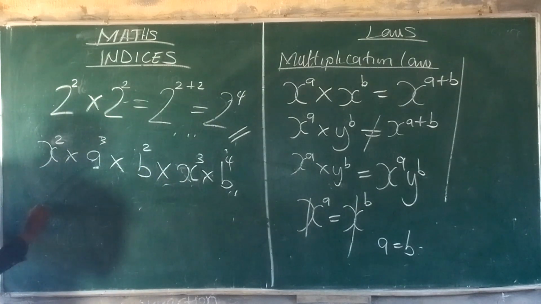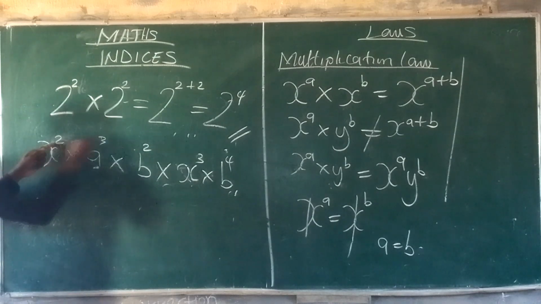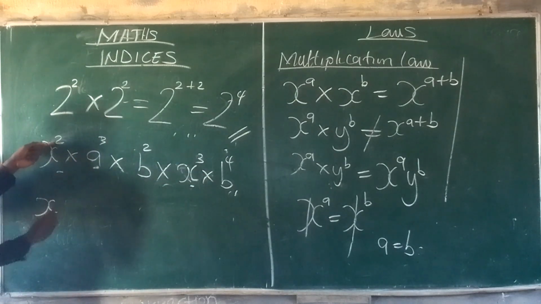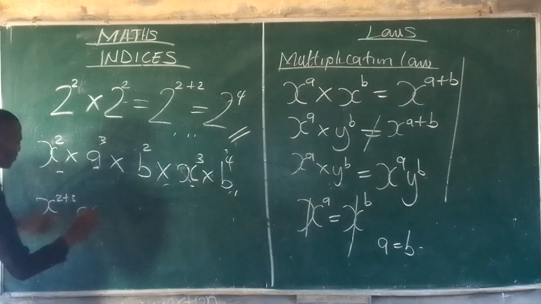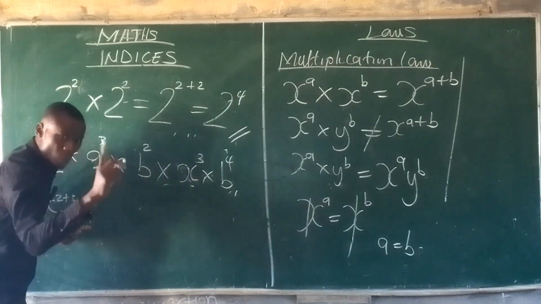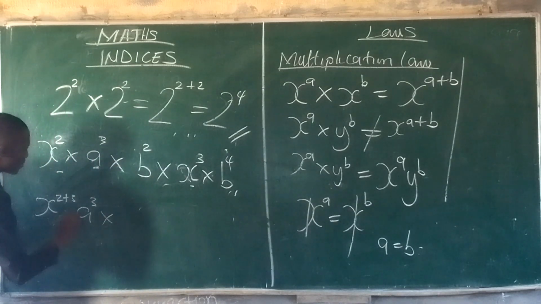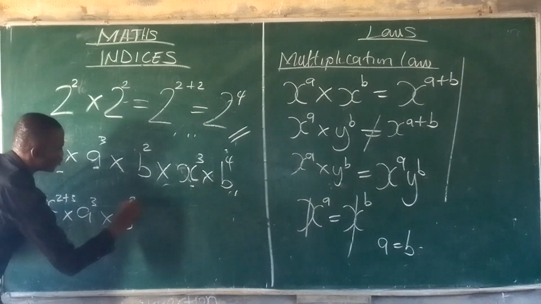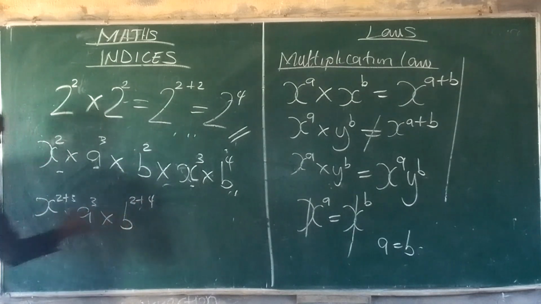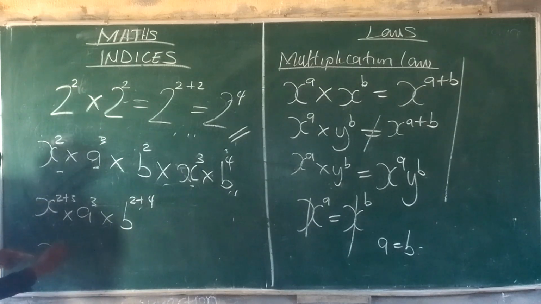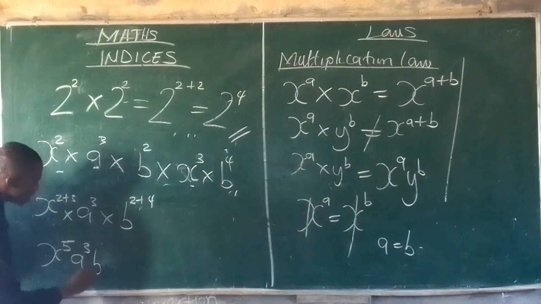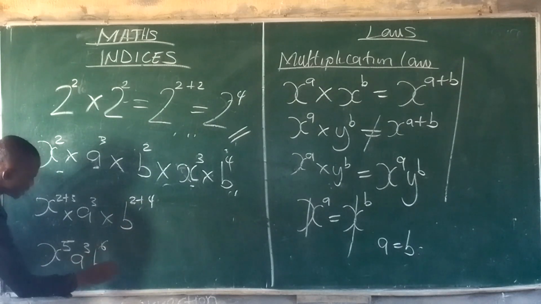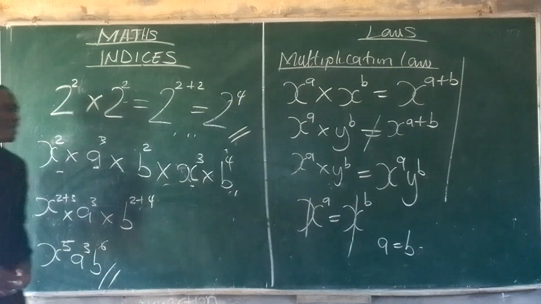So what I have is x to the power of 2 plus 3, because they have the same base. Now I have a raised to the power of 3, just one a that's there. And I'm multiplying it by b to the power of 2 plus 4. Having said that, this is x to the power of 5, and this is a to the power of 3, and this is b to the power of 6. So this is my final answer.